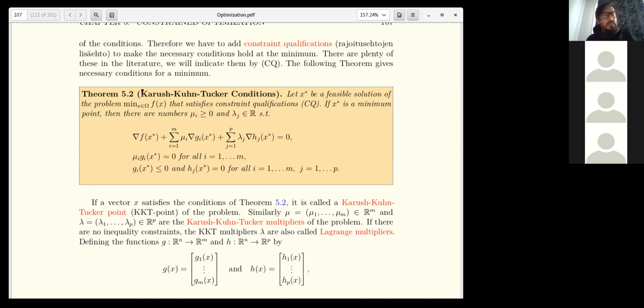So what this means is that if this is continuously differentiable, then I'm just going to draw this line that is orthogonal. This line here is orthogonal to this gradient.